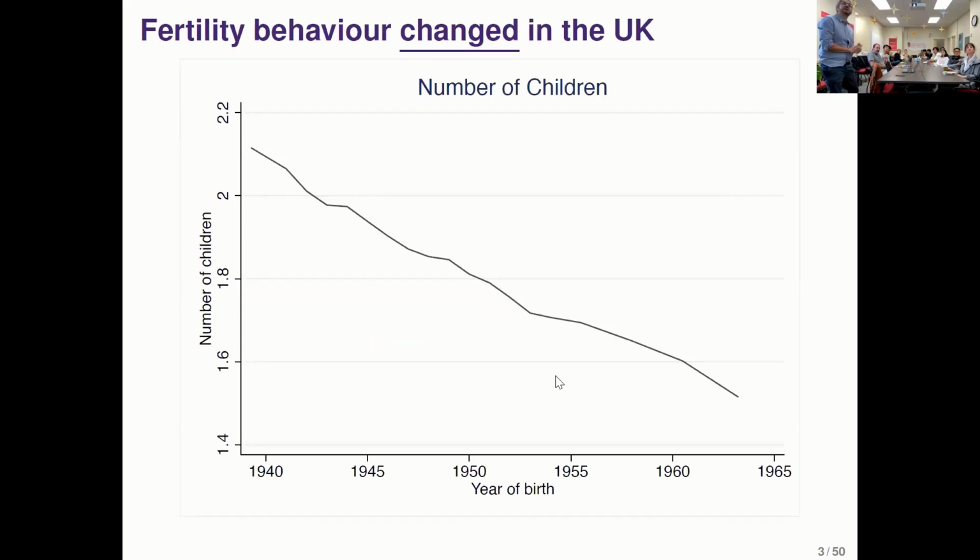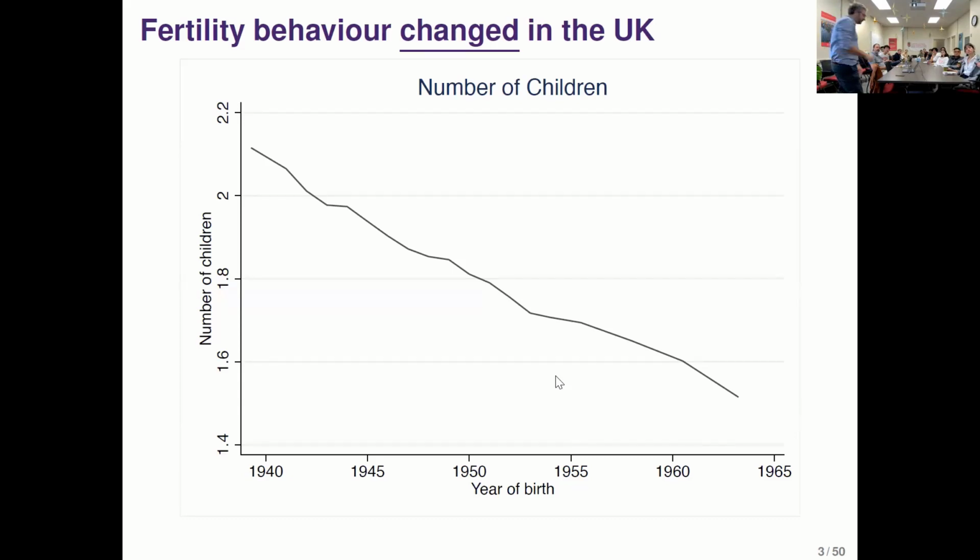Okay, so the UK Biobank, the data that many of you are probably already familiar with, covers individuals born between 1938 and about 1968. This is a period in the UK of dramatic change in fertility. The number of children went dramatically down, as in many other Western countries.